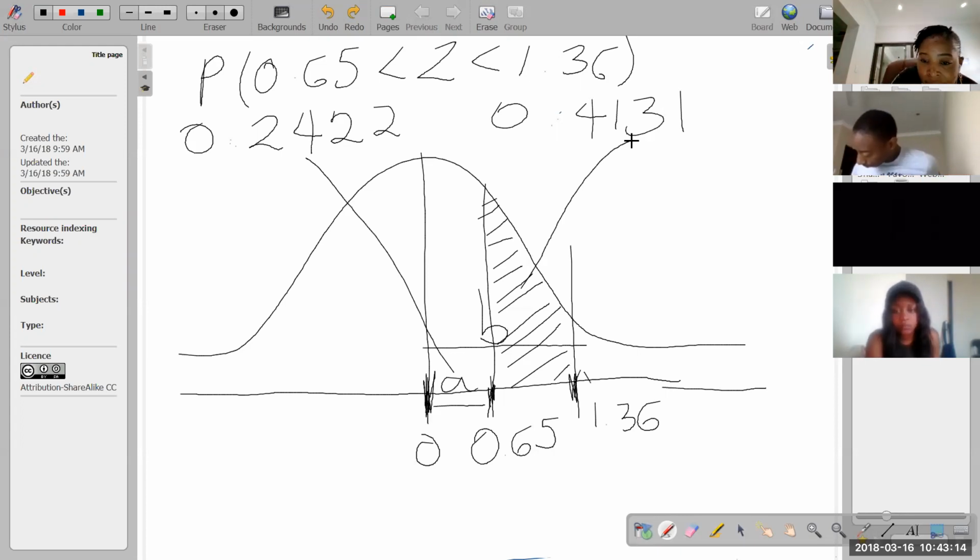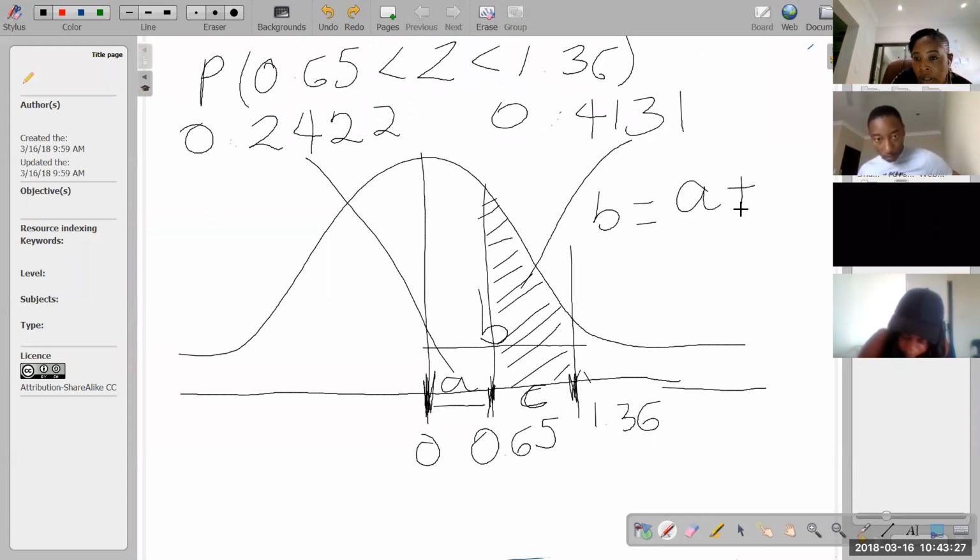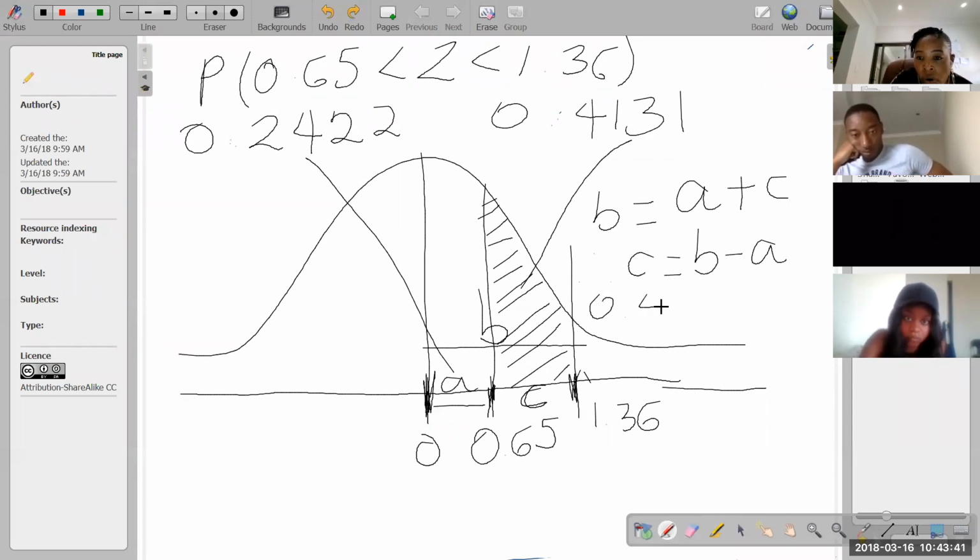What we need is our C. So how do we get C? B equals A plus C. We can see from the figure. Therefore, C equals B minus A. Our B in this case is 0.4131.